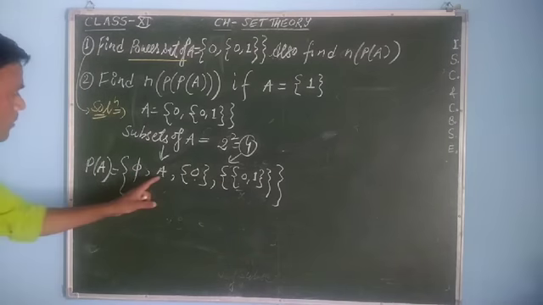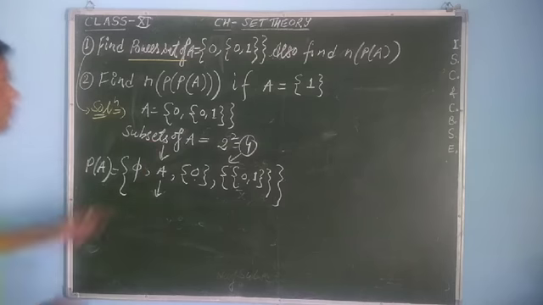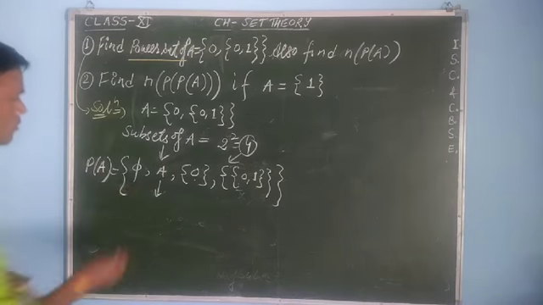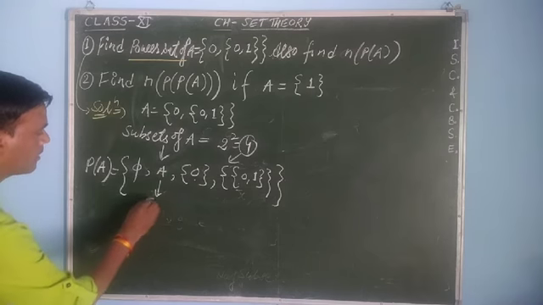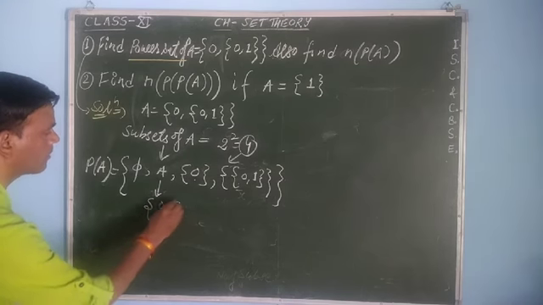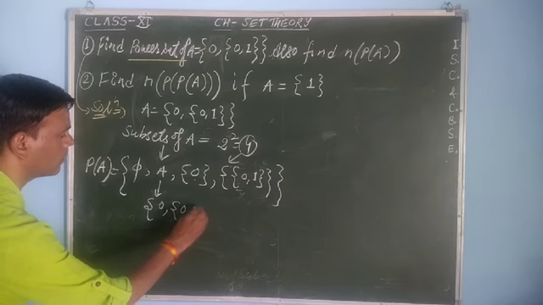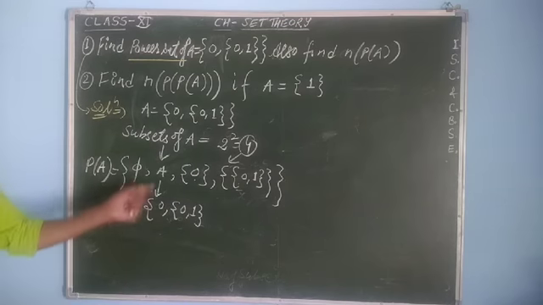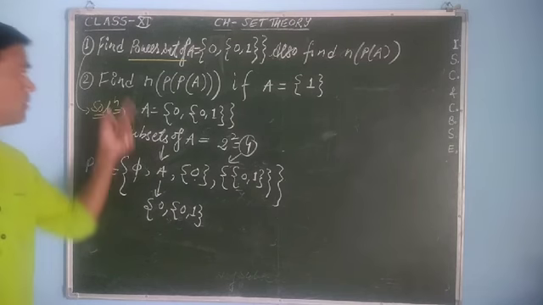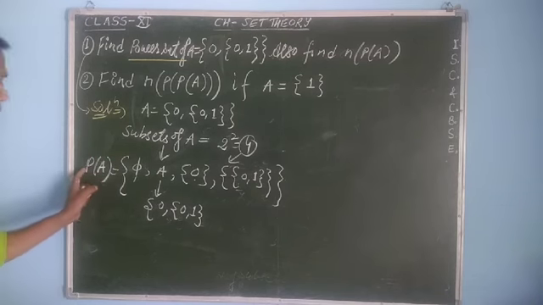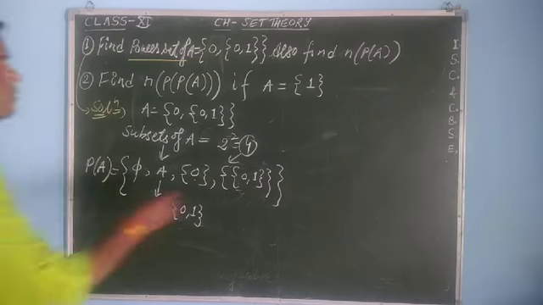Students, remember here in place of A you can put this whole set, just like in place of A you can put here 0. There should be no doubt. So 1, 2, 3, 4, these are the subsets of the given set A and they will be the elements of the power set of A. So this is clear to you.